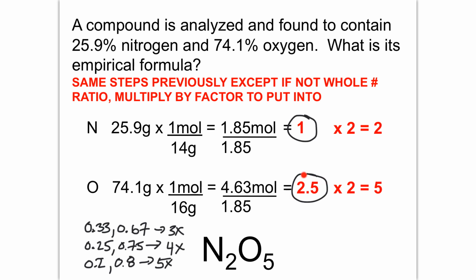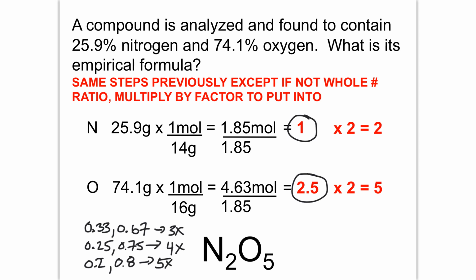So if you multiply this by 2 to get 5, you have to multiply this, whatever this number is, by 2 also to keep that ratio the same. Remember, it's a ratio: 1 mole of nitrogen atoms to every 2.5 moles of oxygen atoms, and 2 moles of nitrogen atoms to 5 moles of oxygen atoms is the same ratio, right?